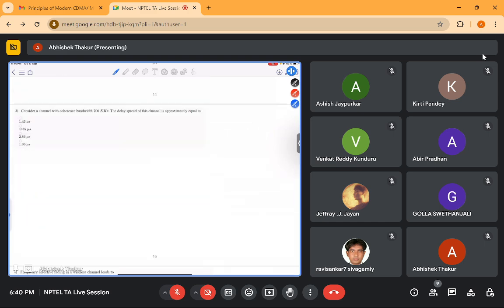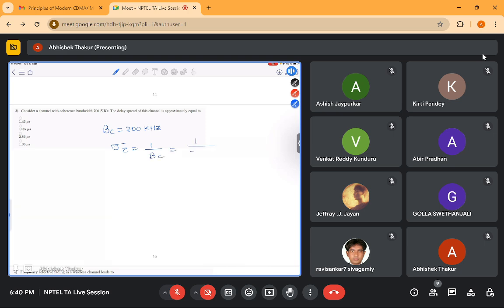Now coming to question number 3. Consider a channel with coherence bandwidth of 700 kilohertz. The delay spread of this channel is equal to. So the delay spread will be 1 by coherence bandwidth.